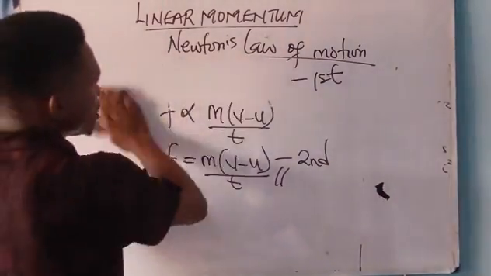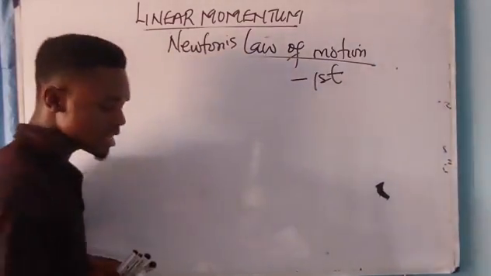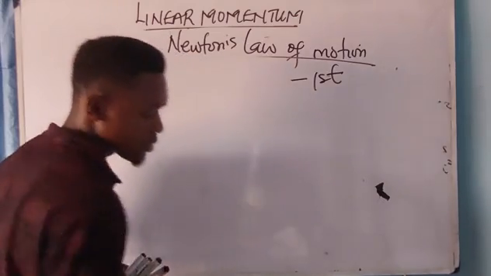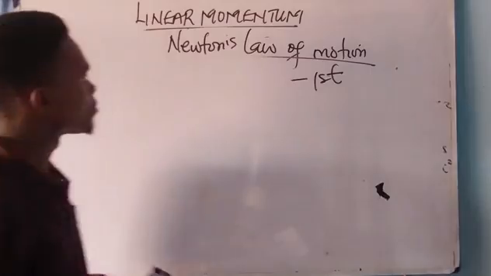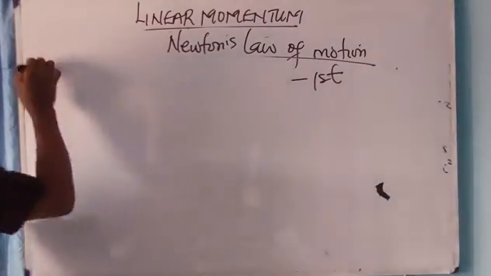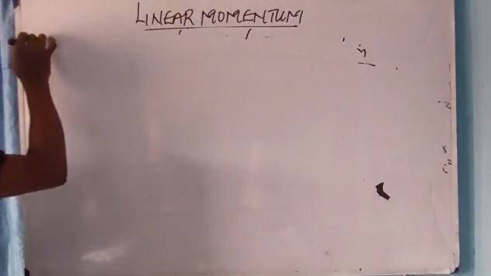Newton's law of linear momentum. Now, this law states that in a system of colliding bodies, momentum before collision is always equal to momentum after collision. Let me just write it on the board.